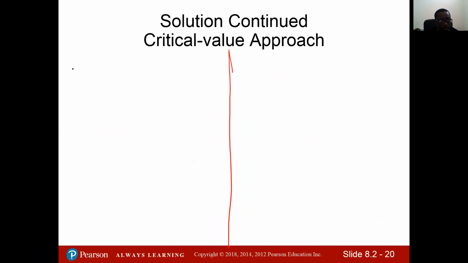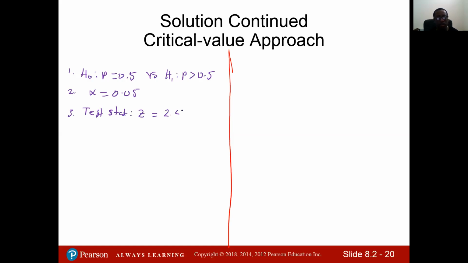That's step 1. We state the null and alternative hypotheses. H0 is P equals 0.5. The alternative, H1, is P greater than 0.5. My alpha is 0.05. My test statistic, which in this case was Z, we calculated to be 2.55.